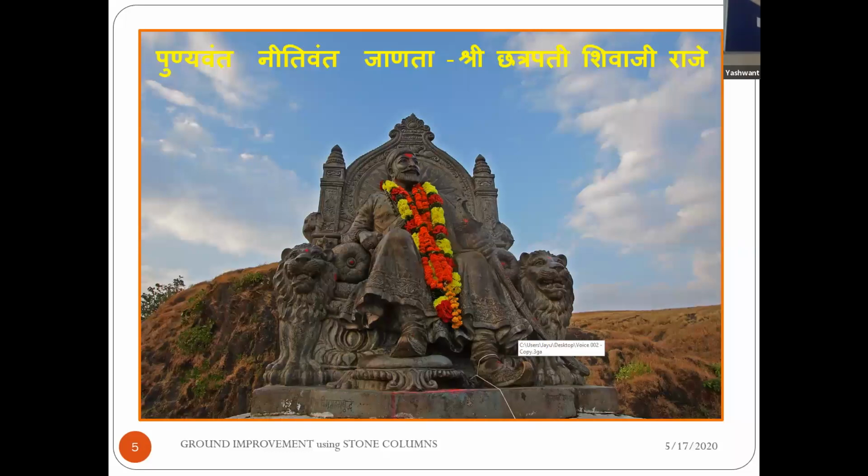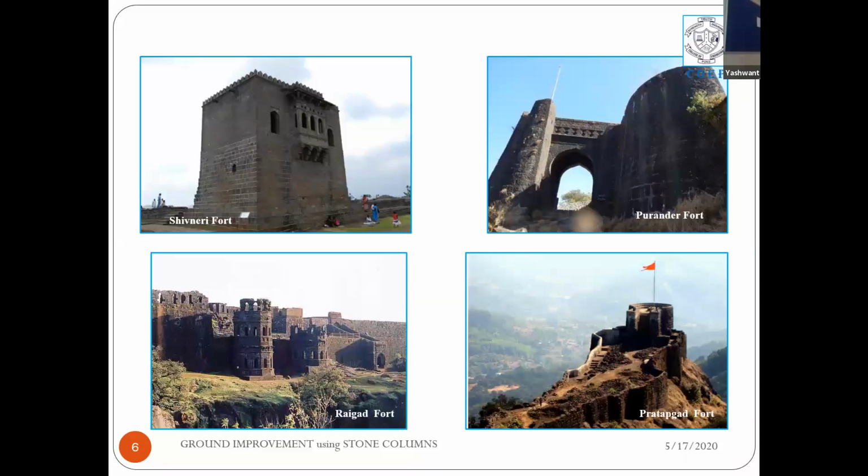So we all pay our regards to him. Still on history, Indian and some global history, I'll be sharing some photographs of old structures that exist still today with pride. How these are related to ground improvement, we'll see later on.